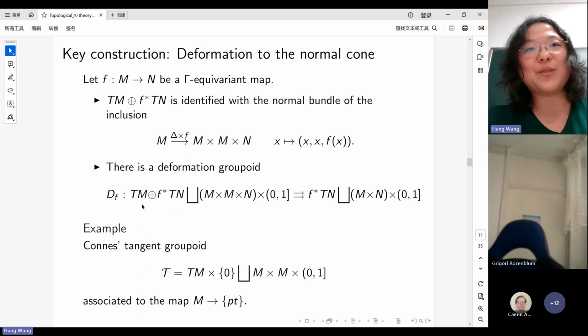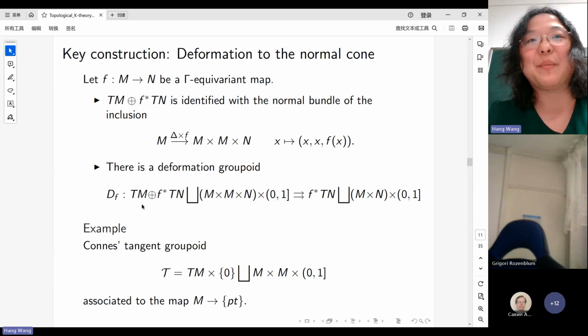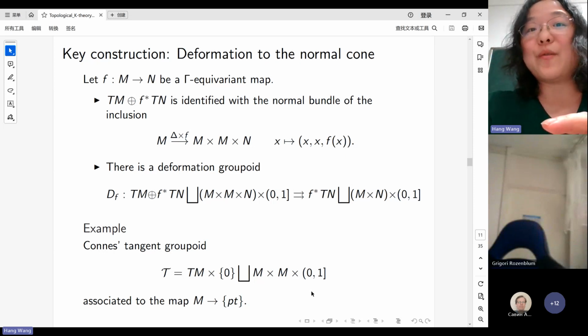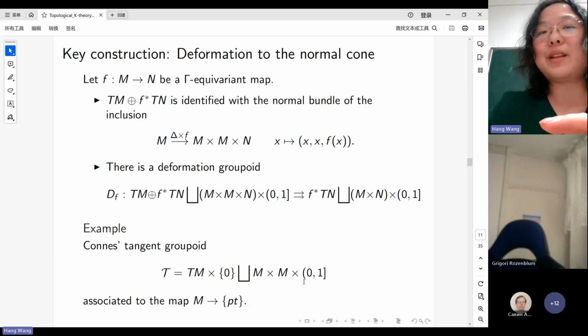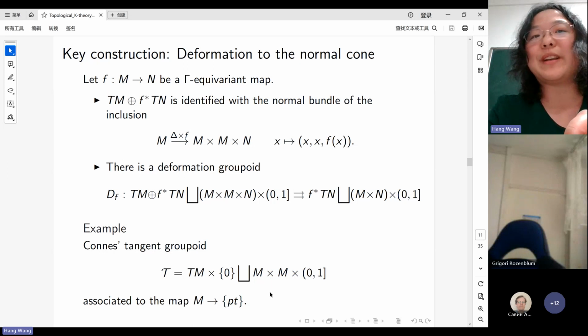I don't have much time to say about the precise definition, but there is a very famous example, the so-called Connes tangent groupoid, which is a family of groupoids over the interval [0,1]. When the point is not 0, it is the pair groupoid M cross M, and when the point is 0, it is TM.